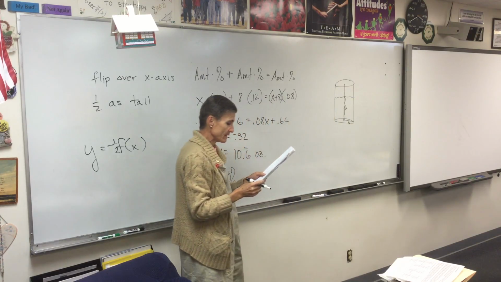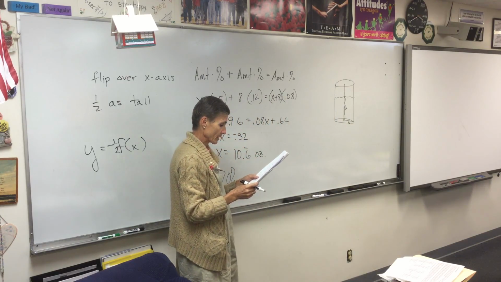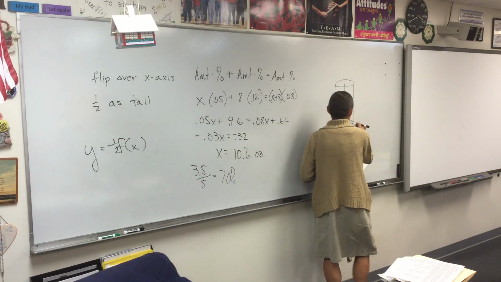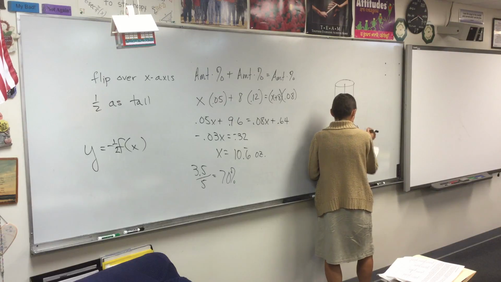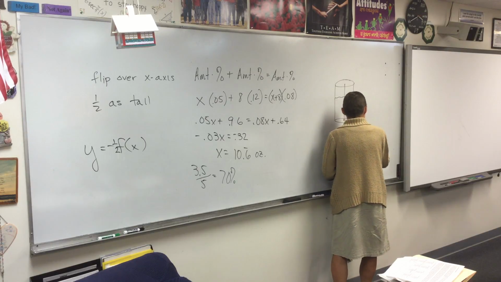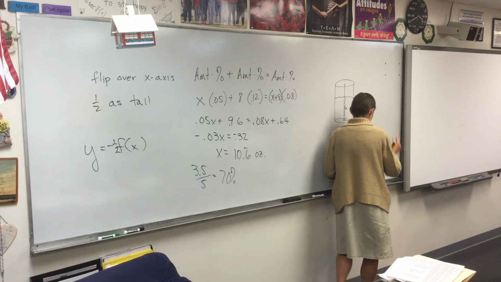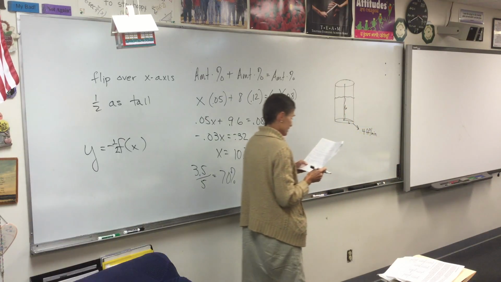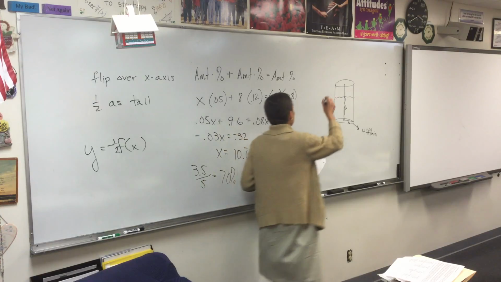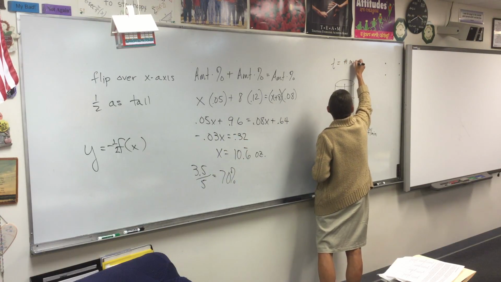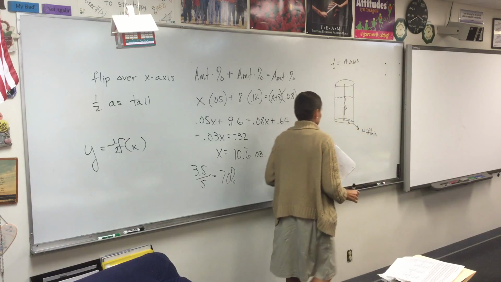Water is leaving the tank at a rate of 4 cubic feet per minute. So like there's a spigot down here or something, and water is coming out at a rate of 4 cubic feet per minute. Write an expression for the volume in T minutes. So T will be the number of minutes.